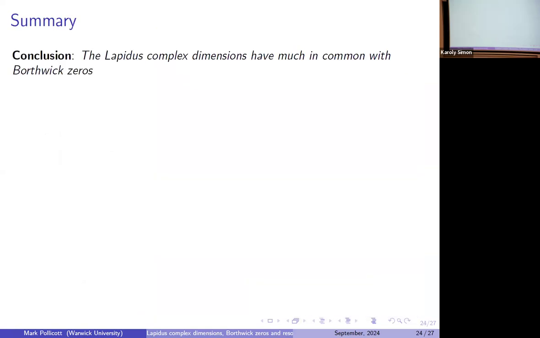So I have achieved my main aim, which is not to get as far as recommended. But let me just say the following, that the theme here was that these complex dimensions, which were studied by Lapidus, associated with a complex function, a zeta function, for the length of intervals for a Cantor set, have a lot in common with this more geometric object.